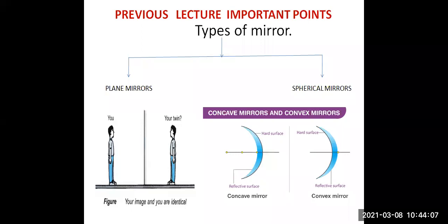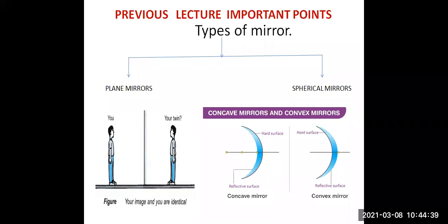The second type is the spherical mirrors, the mirrors which are curved. They are not plane mirrors, they are curved mirrors. You can see the shaded portion of the curves. For a concave mirror, the reflective surface is inside the curve, whereas for a convex mirror, the reflective surface is outside the curved surface. Please see this diagram very carefully.